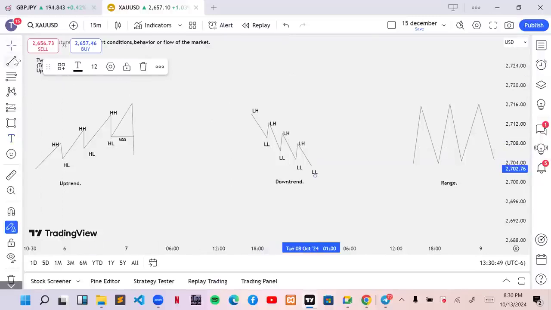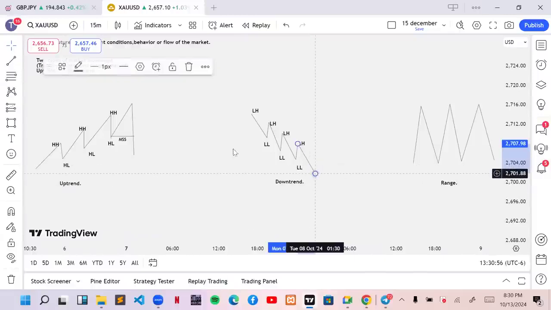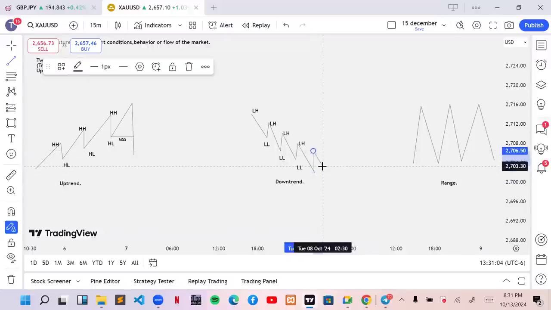But in a situation where the market does something like this, you know this is the last lower low here, and the market does something like this. Instead of continuing this downtrend by making another lower low and going down, the market now breaks this high and makes a higher high.